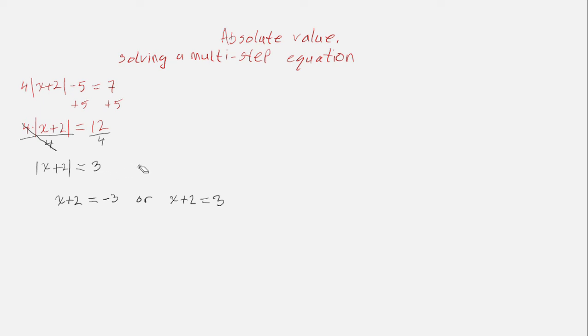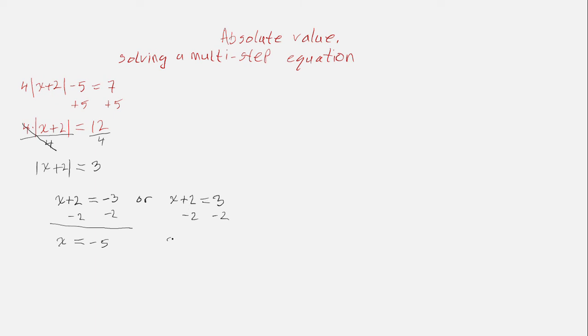Okay. And now all we need to do is solve these two little equations. So in this case, we just need to take away 2 on both sides. Once we do, we get that x is equal to, in this case, negative 5.